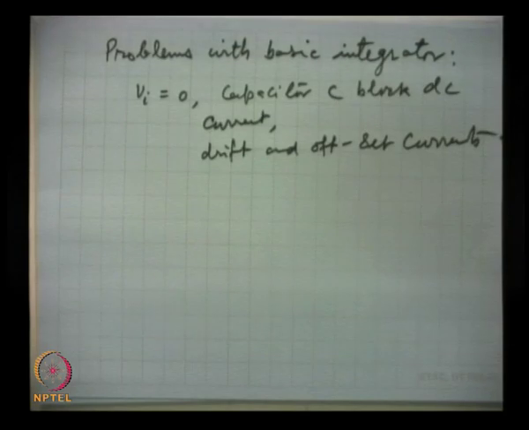We will talk about offset currents later, but for the time being we can say that offset currents are there because of asymmetric design of the circuits, which are almost impossible to get in perfectly matched conditions.